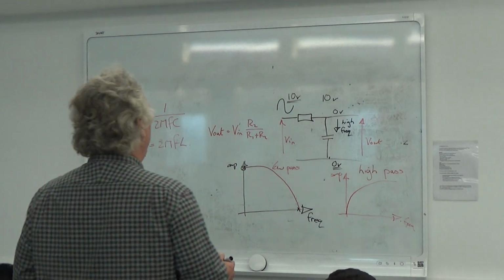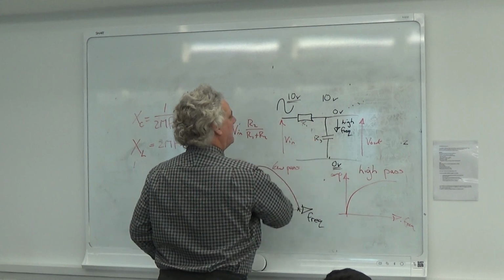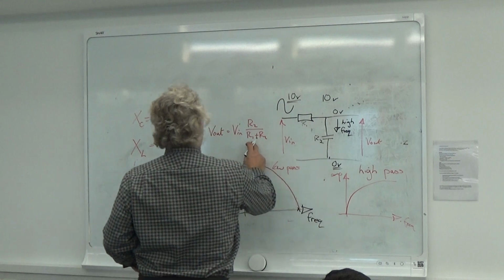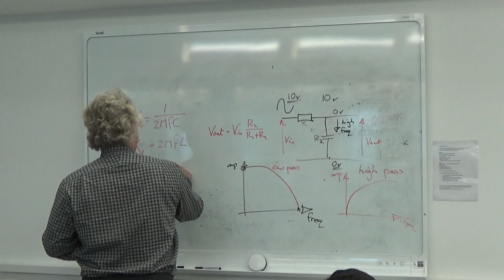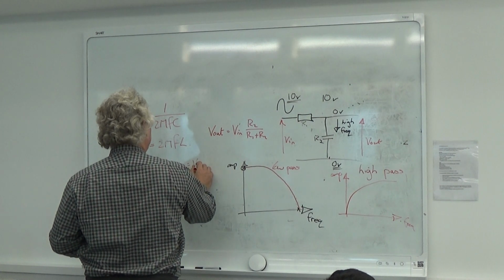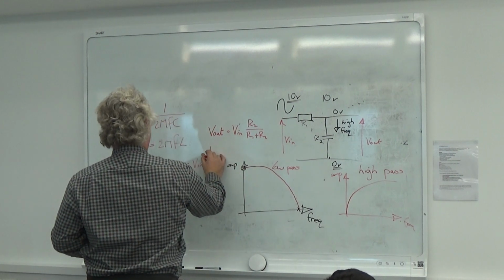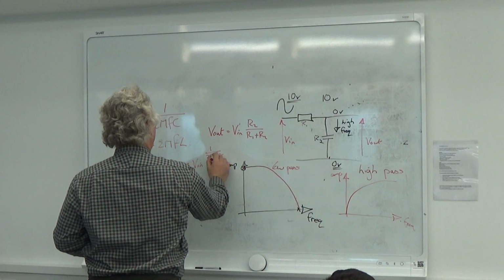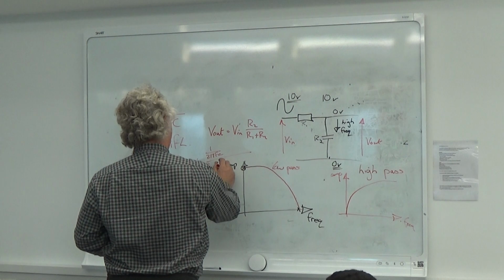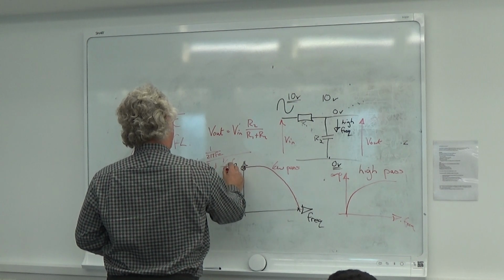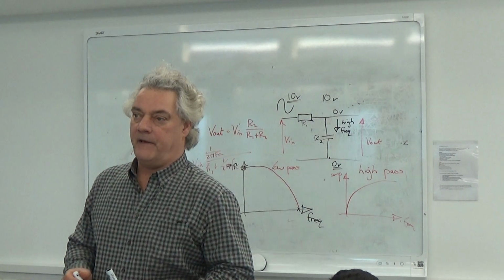Now, I'll just do one step further. So if I assume that this is R1 and this is R2, if I feed that into this equation, what I get is the same as I had before. So I get V out is equal to V in, but now R2 is 1 upon 2 pi FC divided by R1 plus 1 upon 2 pi FC, and then I've got an equation which defines that in terms of capacitance.